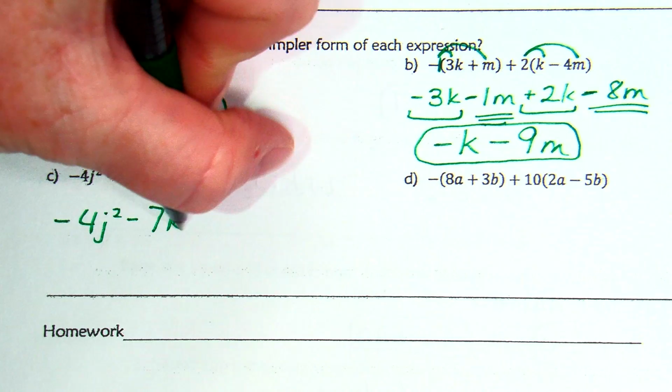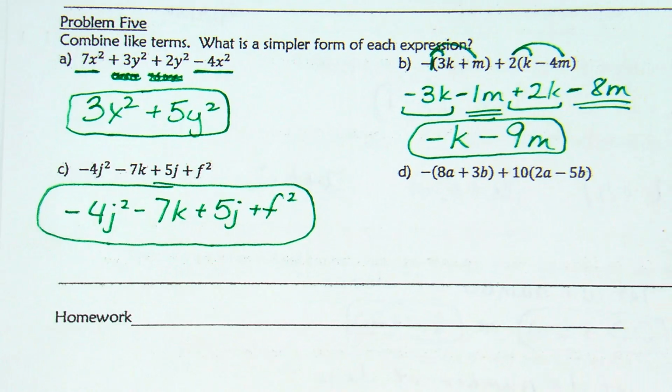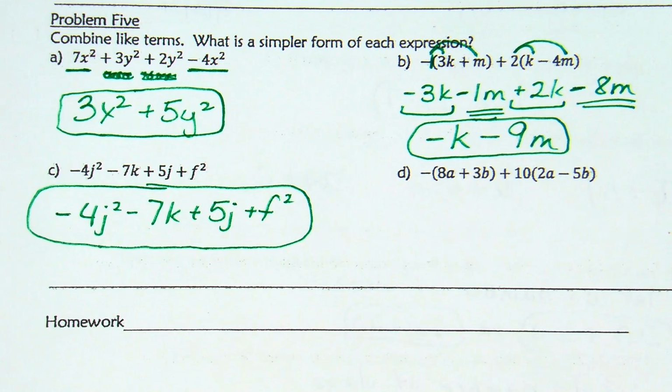Flips the signs. So 8a becomes -8a. 3b becomes minus 3b. On the other parenthesis, we're distributing the 10: plus 20a minus 50b.